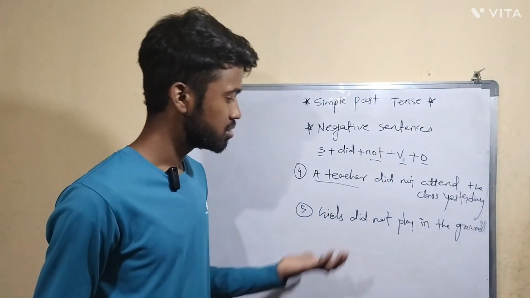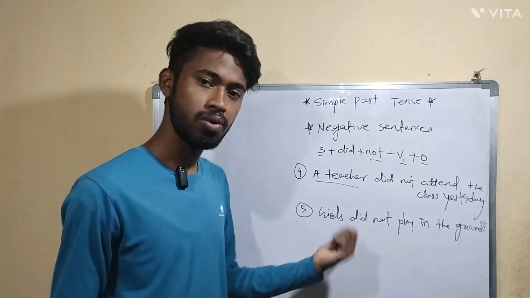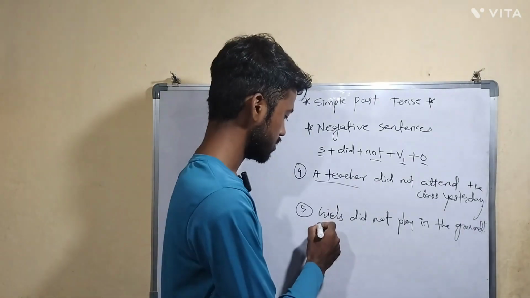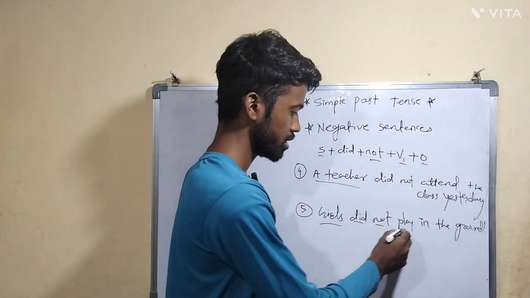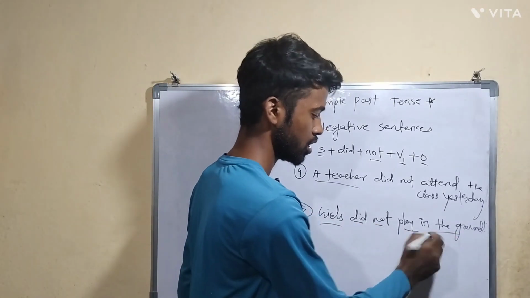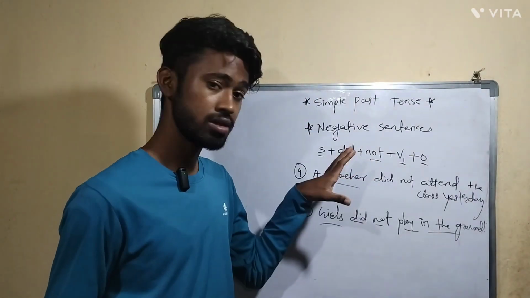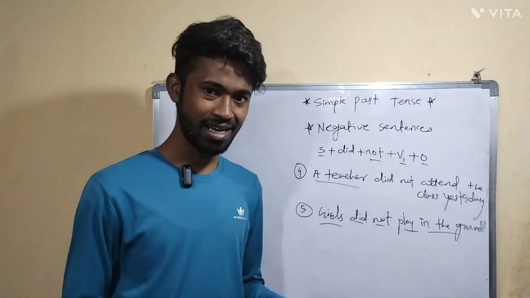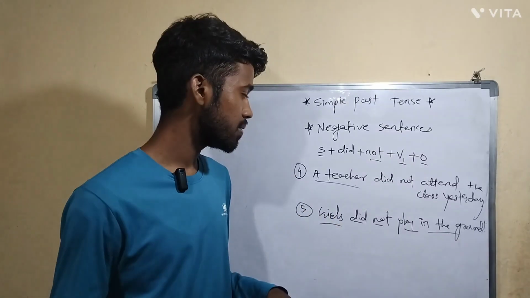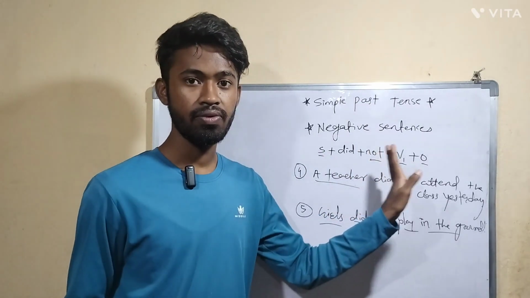Even if you take girl, the same structure you have to write. Even if you use singular or plural, it is the same. So this is the subject, this is for negative, and this part is the object. So you understood up to this what the negative sentences in simple past tense are. If you practice more examples, you will get better. So subject plus did not plus first form.